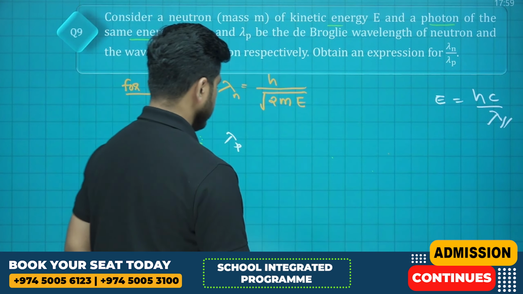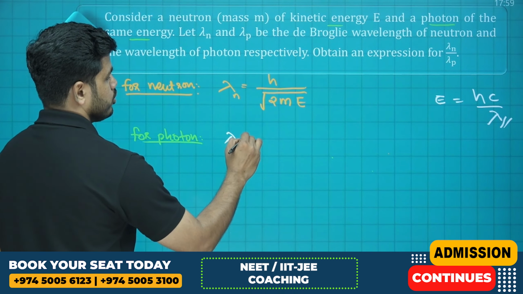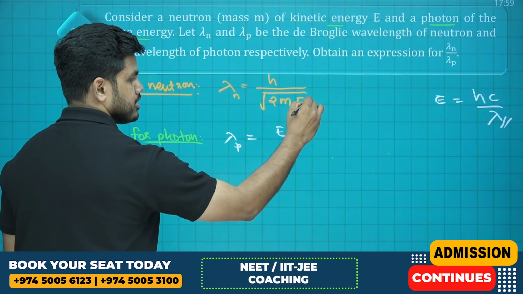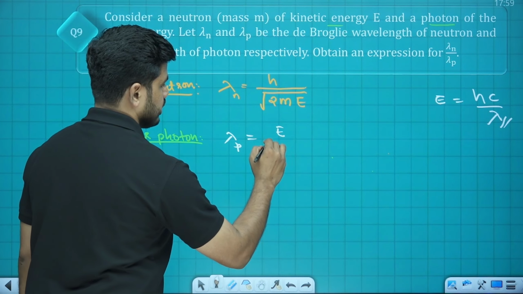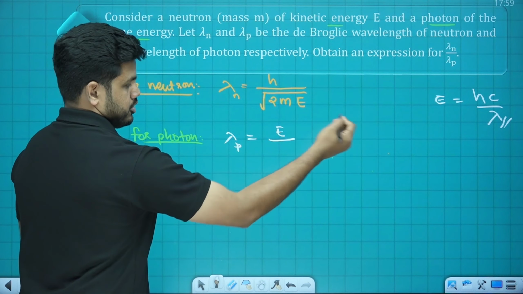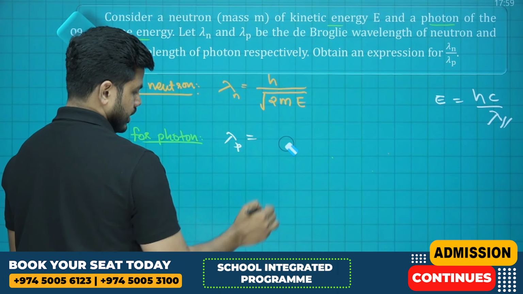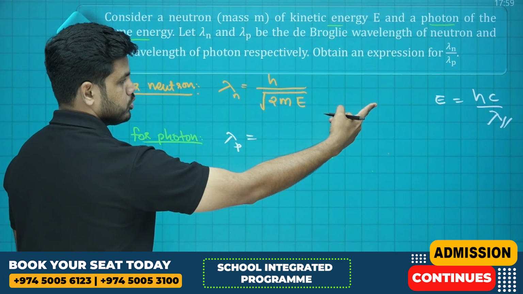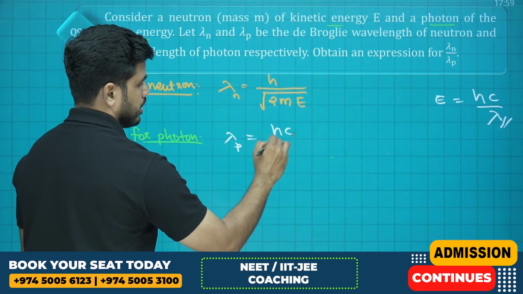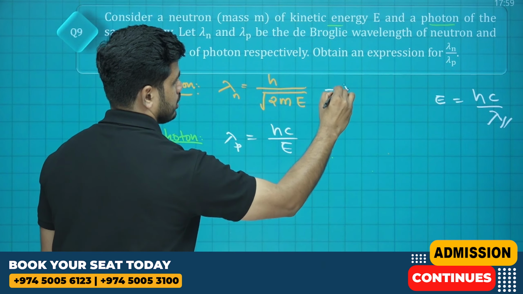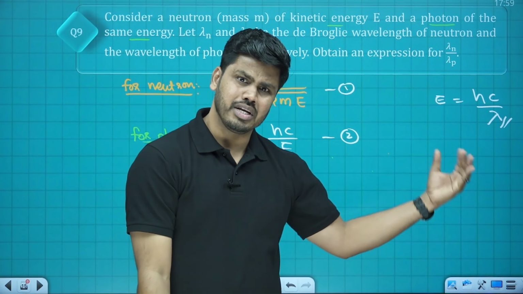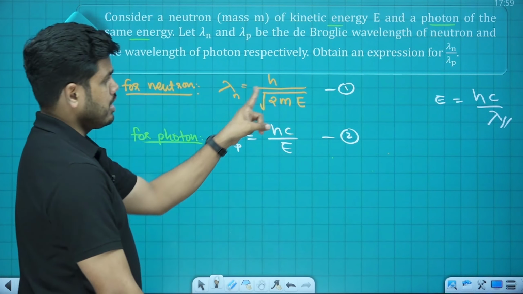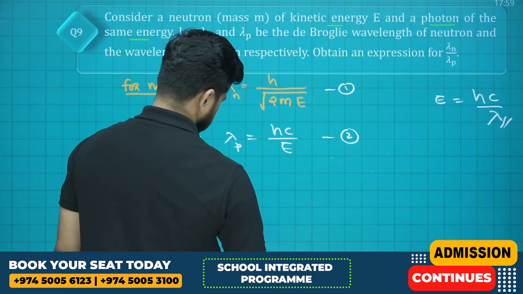E divided by hc. Yes. So, lambda p is going to be the same kinetic energy, both of them have same kinetic energy, so same E I can use. Lambda p is going to be equal to hc divided by E. Equation number 1 and equation number 2. Just take the ratio of these two equations, you will get the final answer. See, lambda n by lambda p. That's it.